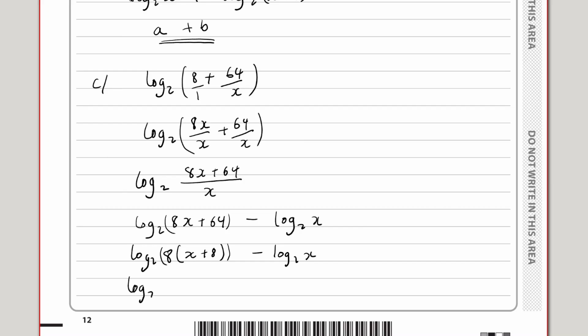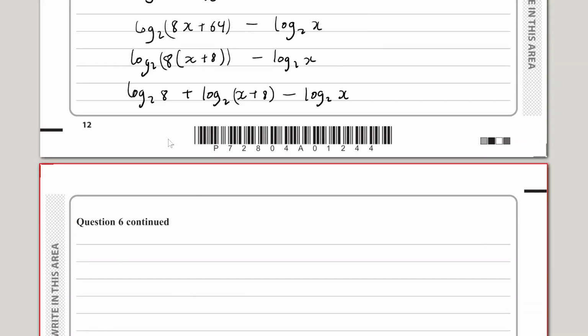So that's log base 2 of 8 plus log base 2 of x plus 8 minus log base 2 of x. Log base 2 of 8: 2 to the power of what is equal to 8? That's 3. Log base 2 of x plus 8 we can change into b, and log base 2 of x we can change into a.